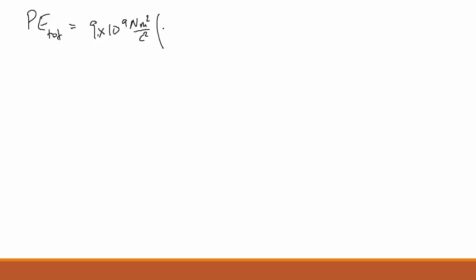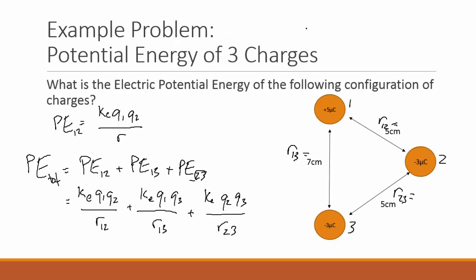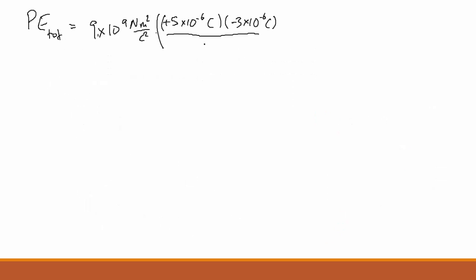So that comes out to positive 5 times 10 to the negative 6 if it's micro, multiplied by negative 3 times 10 to the negative 6 coulombs, all over the distance between them, which is that R12, 5 centimeters, or in terms of meters, 0.05 meters.